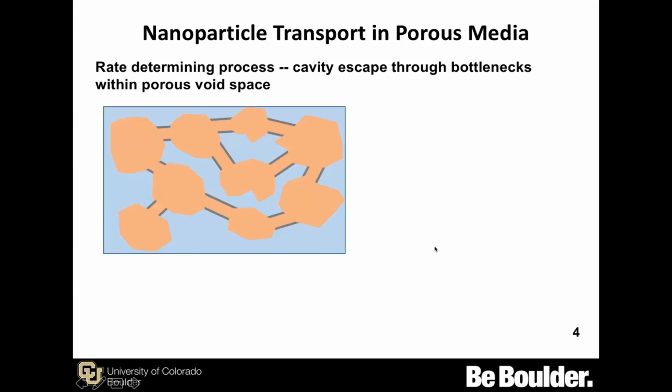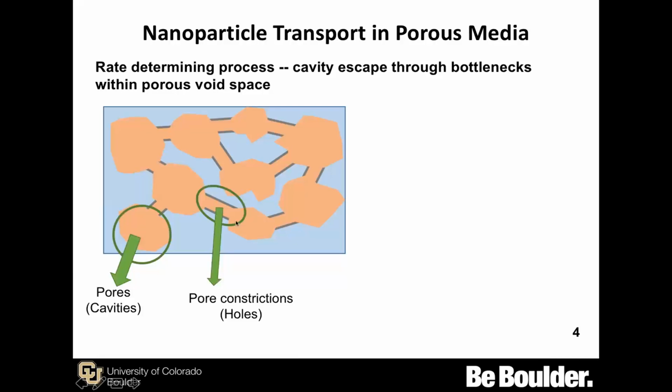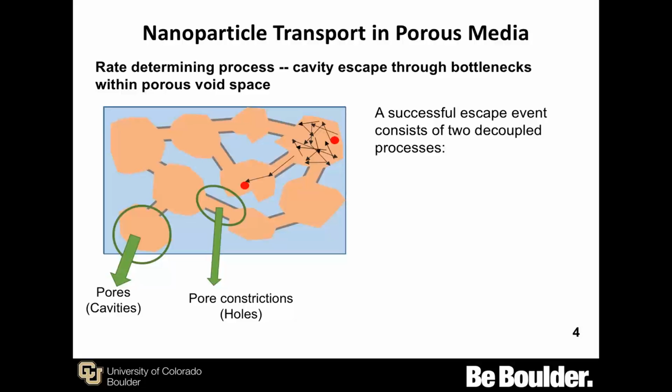When we think about the porous medium, it usually has two kinds of structures. The first is the larger pores. And second is the pore connections, which connect the pores, which we also call holes. When we think about nanomotors or Brownian particles transporting in this structure, it can be considered as two processes.